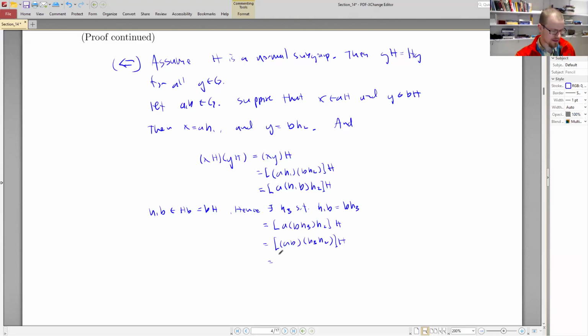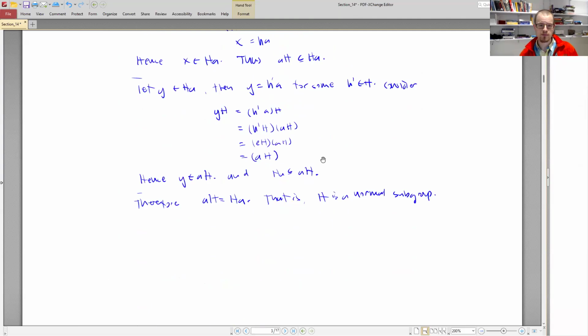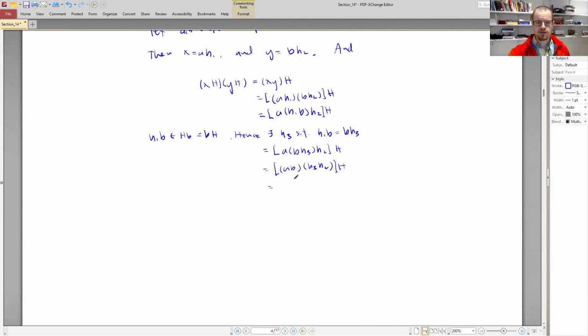This is where I'm actually implementing what I said on our first page over here: aH times H is the same as a times H times H. So I am implementing that now. This is going to allow us to write this as ab times h3, h2, H, which is just a, b, H.